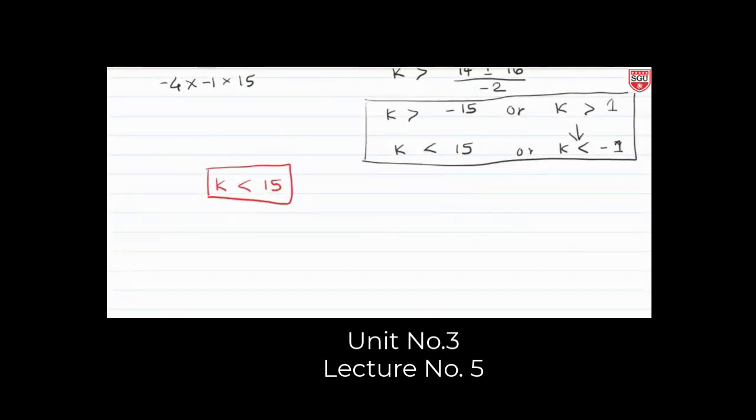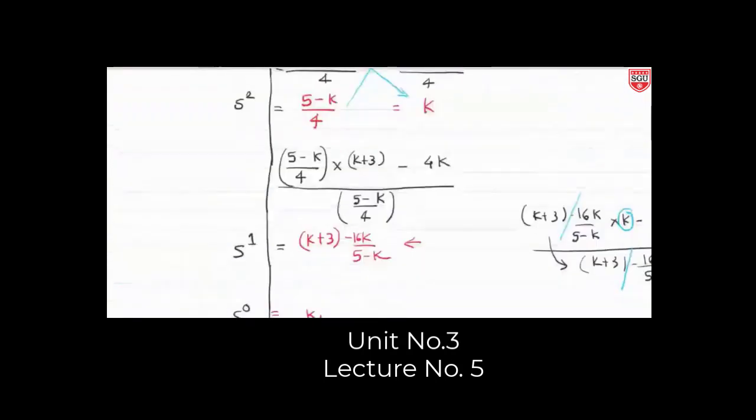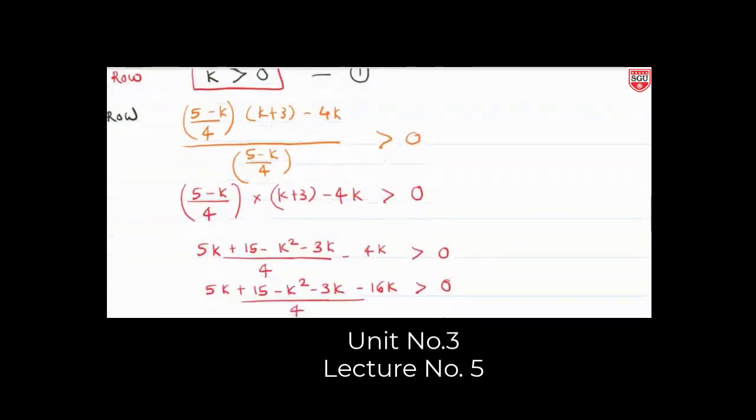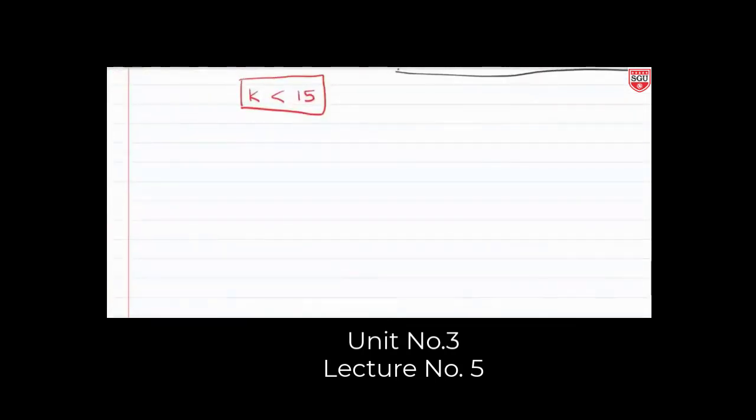Now the third. What is the third row? That is K, 5 minus K upon 4. That is s square. That is, 5 minus K upon 4 should be greater than 0. It is simple. So what will be the possible range? 5 minus K should be greater than 0, means K should be less than 5.